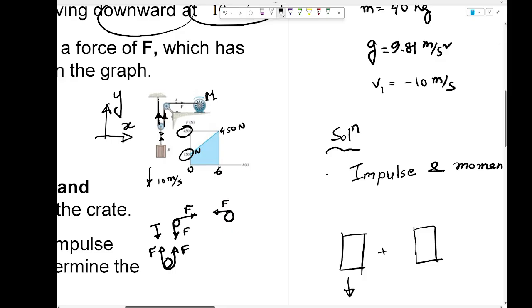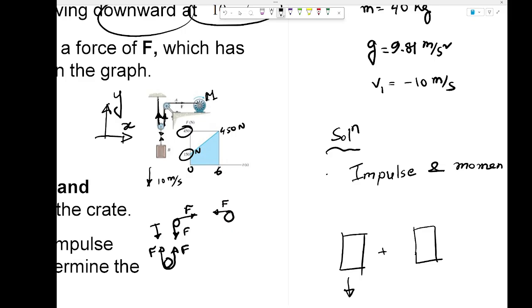How many forces do you have? If the motor pulls up with force F, the crate will experience 2 times F because of this. You are familiar with gear theory from machine design, right? How a small gear transfers to the big gear. It is like that.